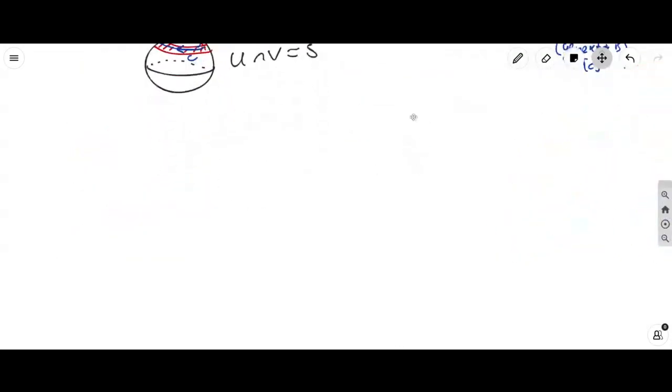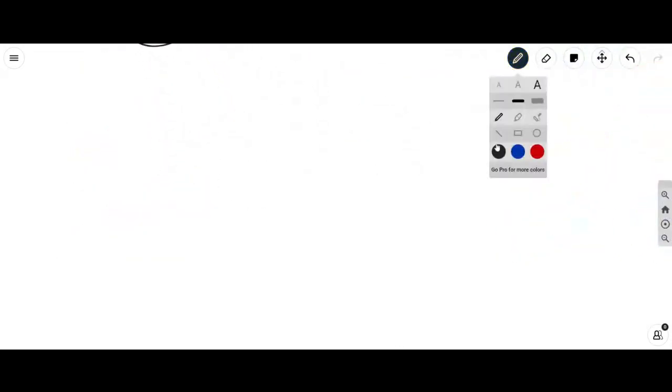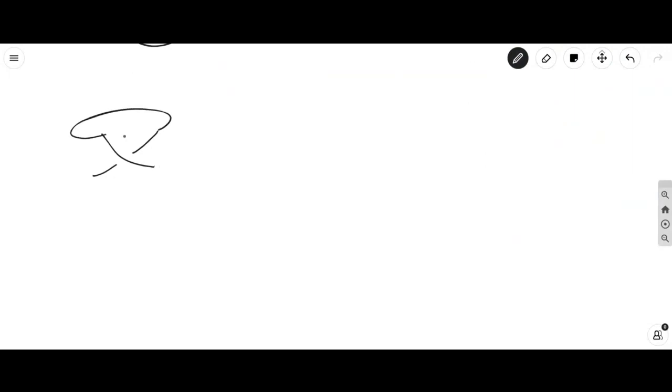So the picture that I like to draw is, let's say we have a Mobius band. I think this really makes it a lot nicer to see. So you have a Mobius band. Now the Mobius band has the center line that goes around it.